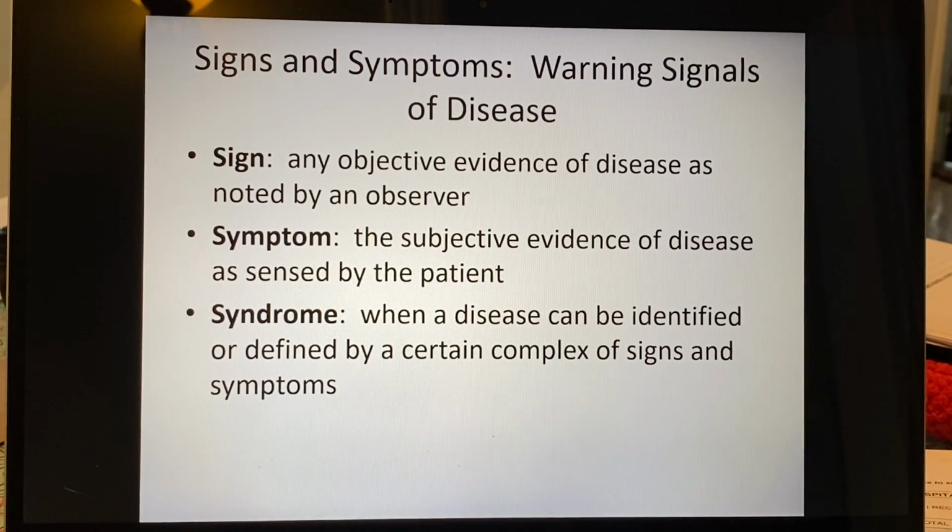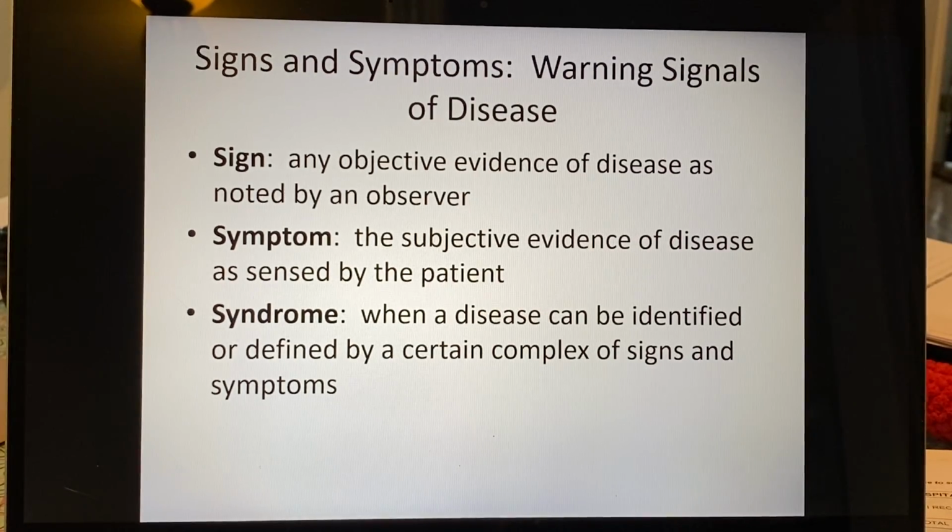And what this really means is, first of all, objective is black and white, fact-based. Subjective means it's more of a gray area, and it's something that's not fact-based. It's like feelings.